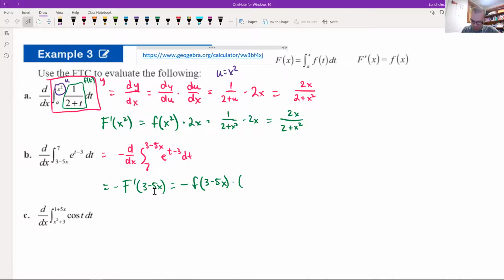So what we end up getting is 5 times the function evaluated at 3 minus 5x, and 5 times e to the 3 minus 5x minus 3 gives us 5e to the minus 5x as an answer there.